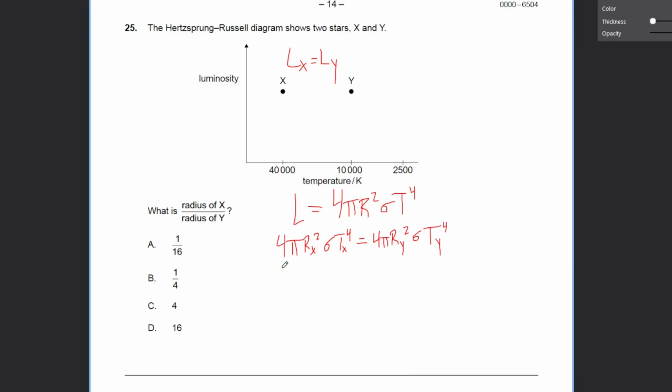And here several things cancel. The 4 pi's cancel, the constant cancels, and that leaves us with r sub x squared times T sub x to the power of 4 is equal to r sub y squared times T sub y to the power of 4.